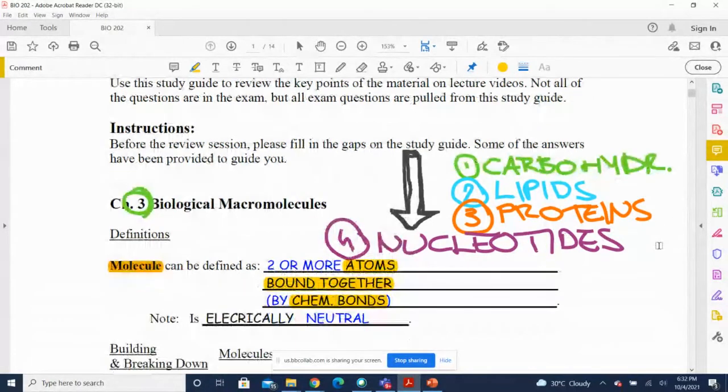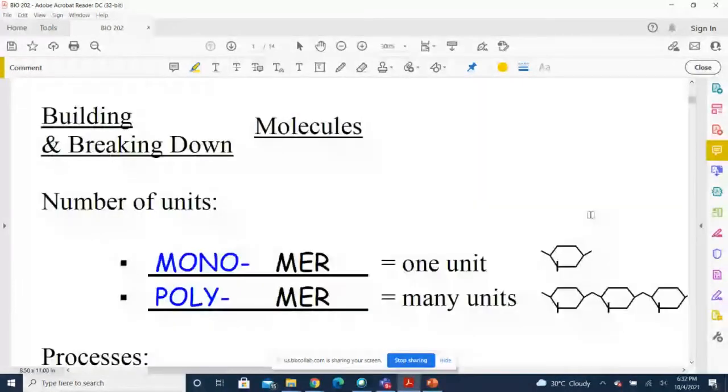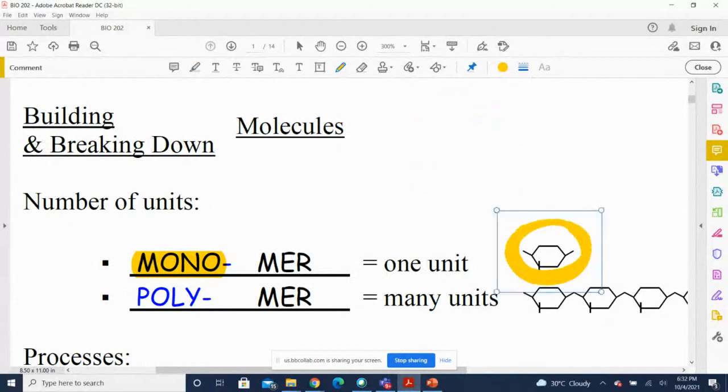The other terminological thing that's going to help you as we work through the material in this chapter, if you're clear about it, and that's why I'm taking a little bit of time to discuss it, is the difference between monomers, in which we only have one single unit of something that we're studying. So here, for example, we would have a single glucose unit, a single sugar unit that we're looking at.